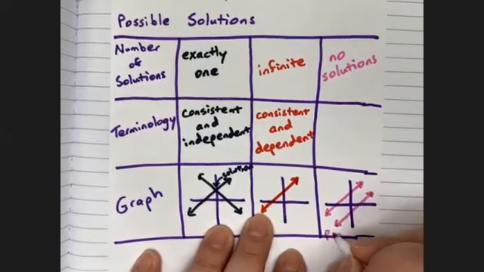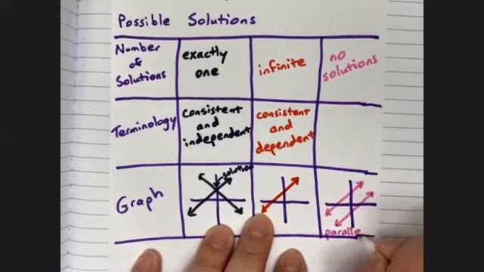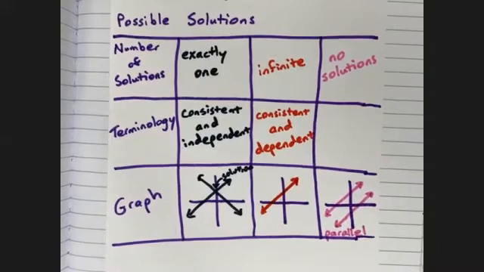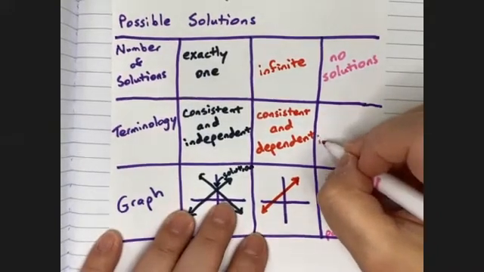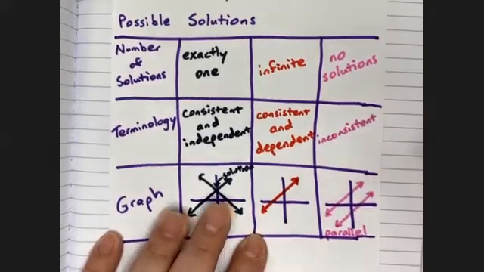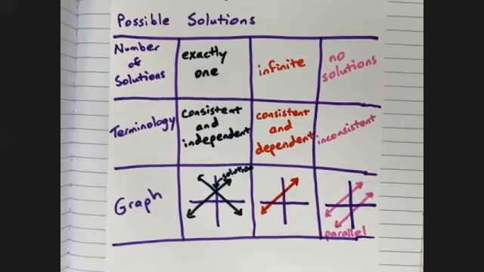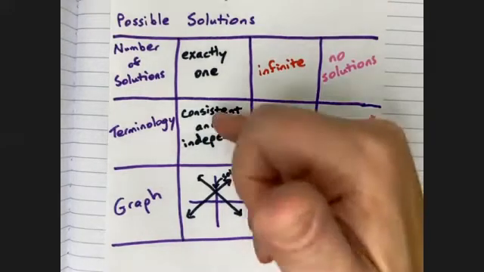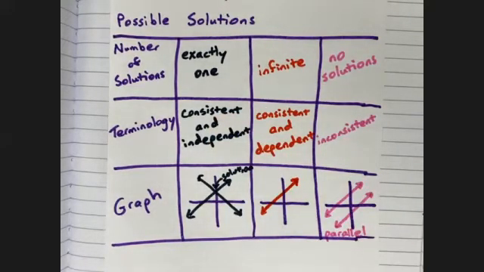So if you have parallel lines, they're never going to cross, so there's no solution. And then the terminology for this one is inconsistent. All right, so this is our table, because on the classwork, you're going to have to do the consistent and independent, consistent and dependent, all of that. And so that's what's going on page 58. So for me, I'm gluing this down.